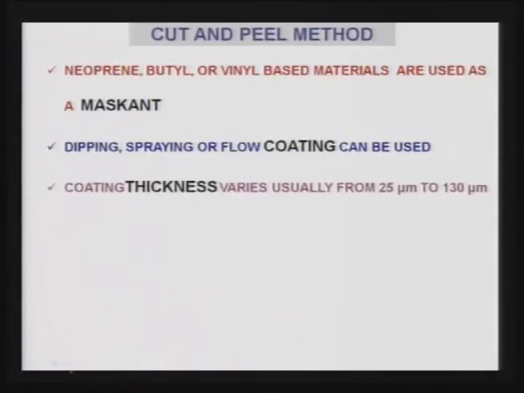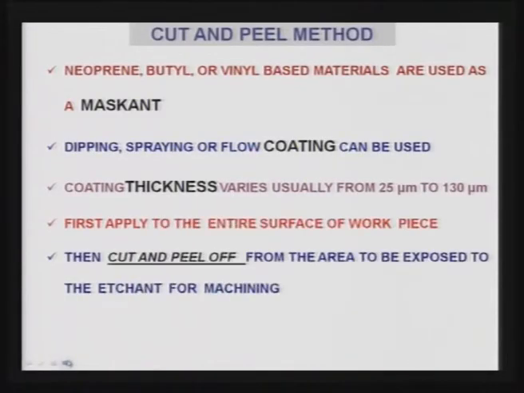Coating thickness varies usually from 25 micron to 130 micron. First apply to the entire surface of the workpiece. Now, please note it carefully that the whole surface, all the faces of the workpiece should be masked, otherwise it will start removing the material from the undesirable surfaces.